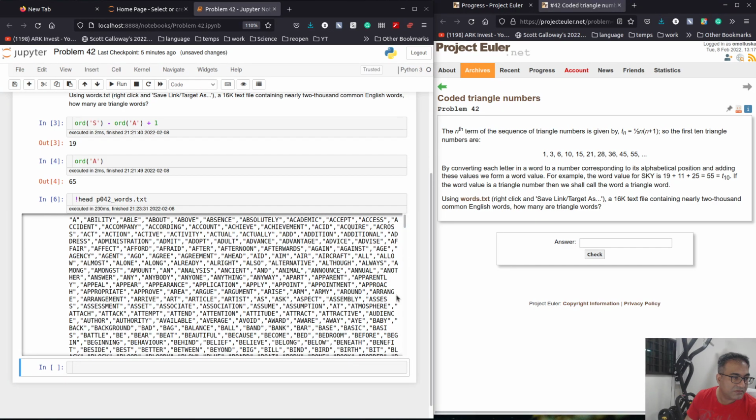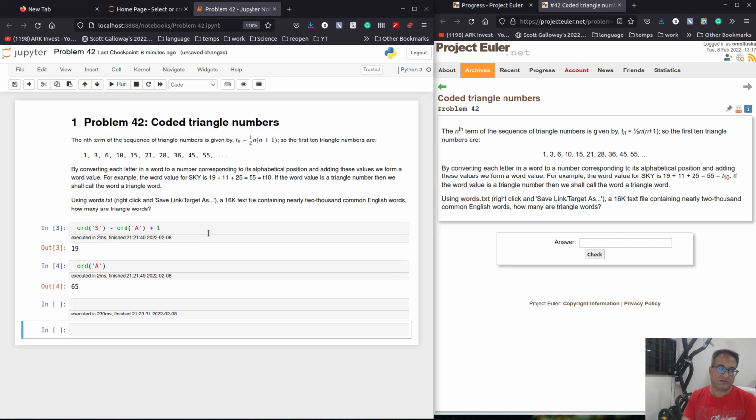A is just something. Ability, able, about, above, and so on. Is it comma separated? Okay, I understand. So we have to get the words.